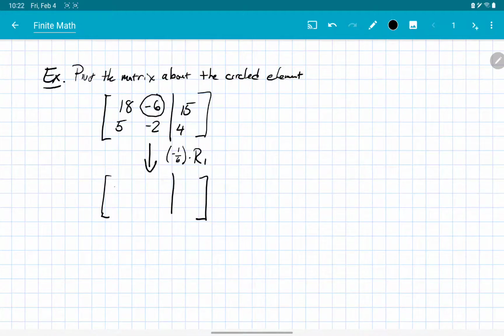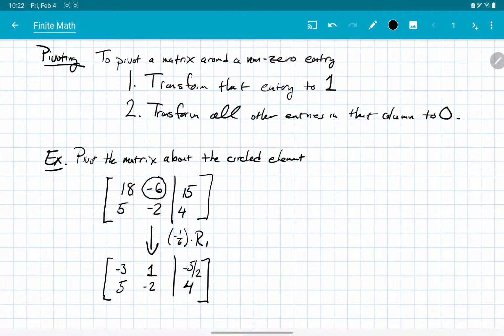So the 18 becomes a -3, the -6 becomes a 1, that was the whole reason, and then the 15 becomes a -15 over 6, which reduces to -5 halves. And then of course the second entry, the second column, we keep the same. Okay, so what we've done is step 1 of pivoting.